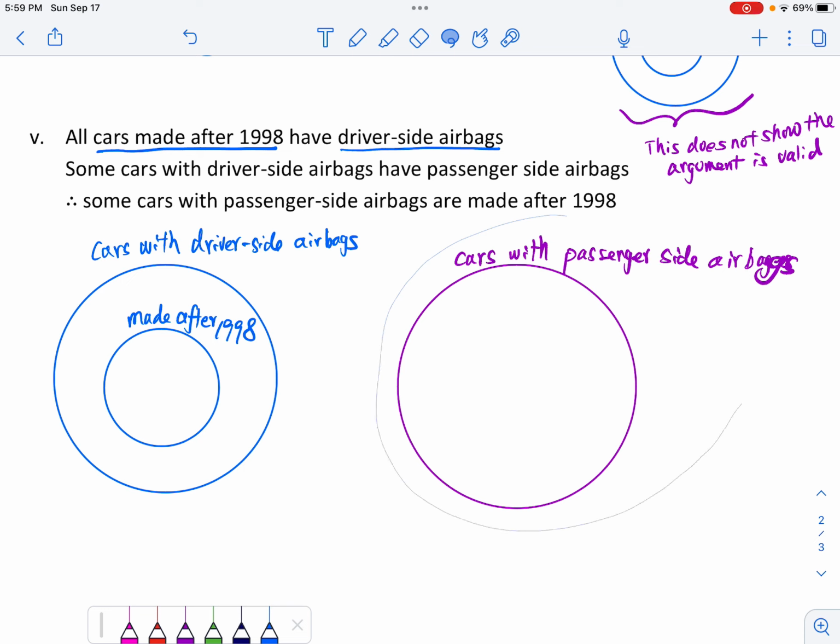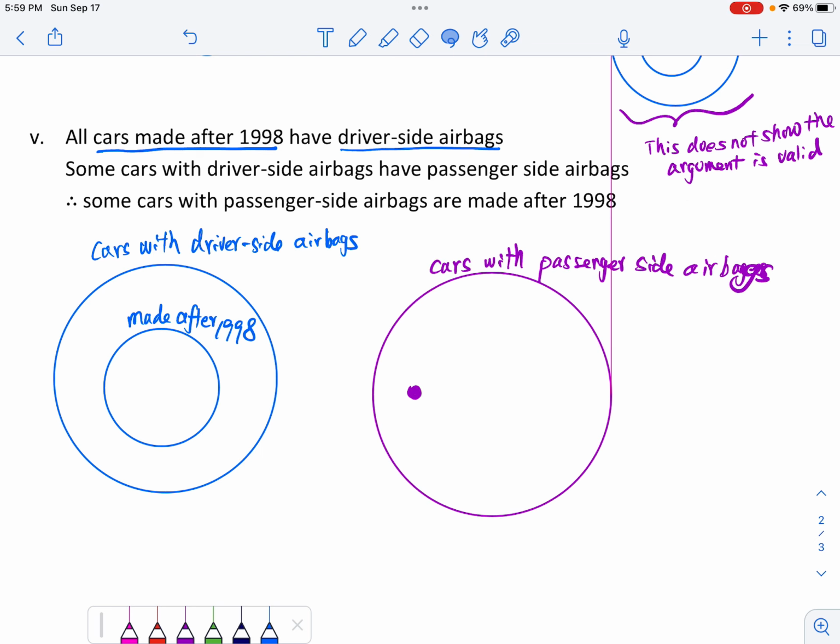Now let's look at the conclusion. Some cars with passenger side airbags, which means one element from here, are made after 1998. So two sets. One is cars with passenger side airbags, which is this one, made after 1998, which is this one. So this is the some car with passenger airbags, right? So I'll begin to move. Okay.